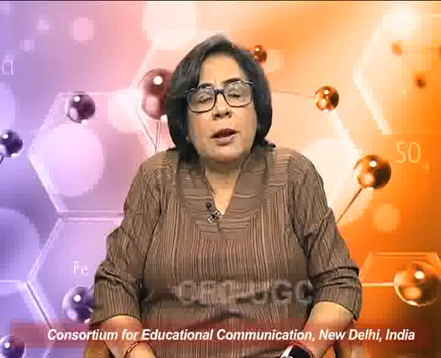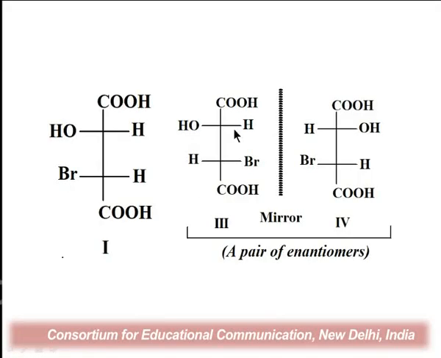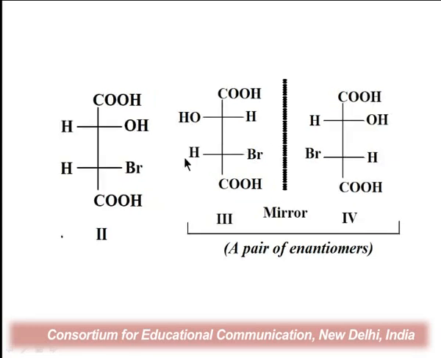Whereas when we compare the structure of stereoisomer 3 with the structure of stereoisomer 4, we find that they are non-superimposable mirror images of each other. Hence, they are enantiomers. Let me now take another example of the molecule which was the enantiomer of structure 1.